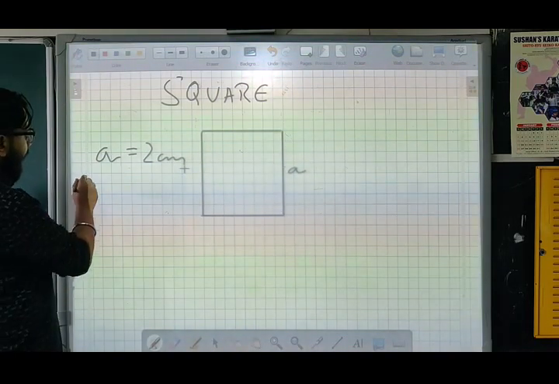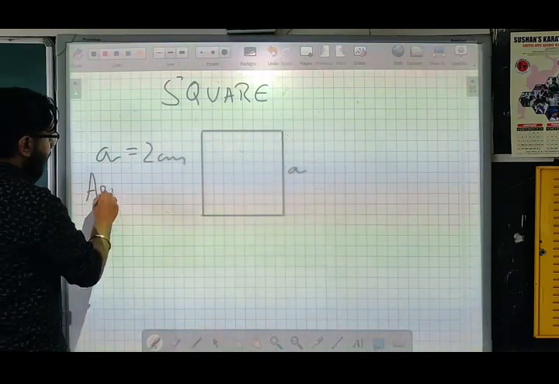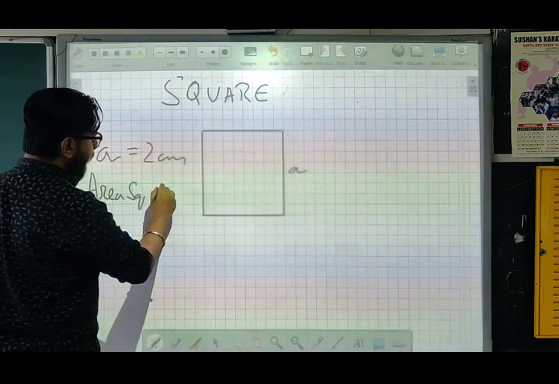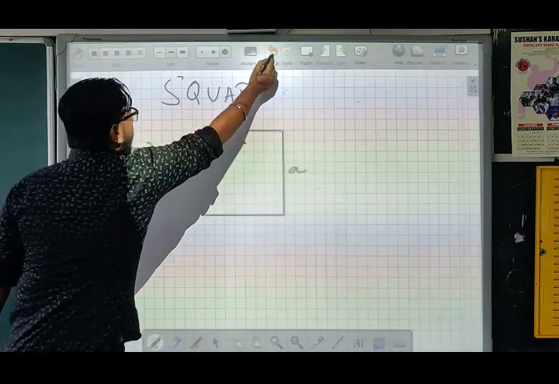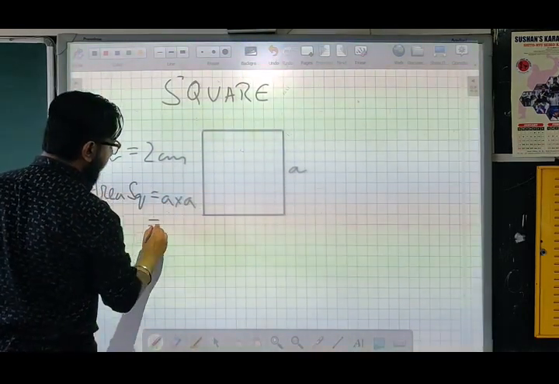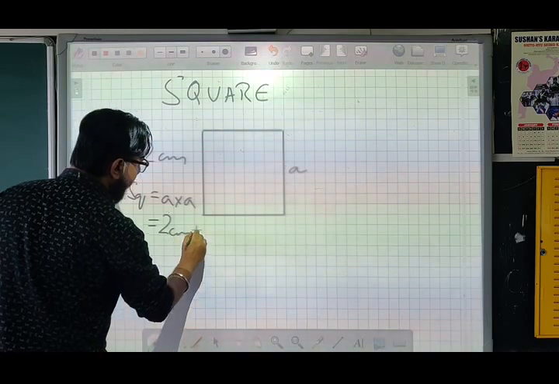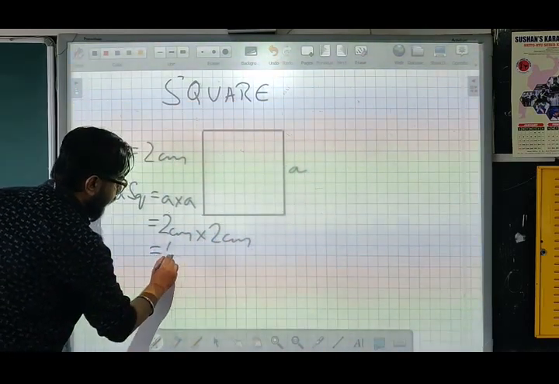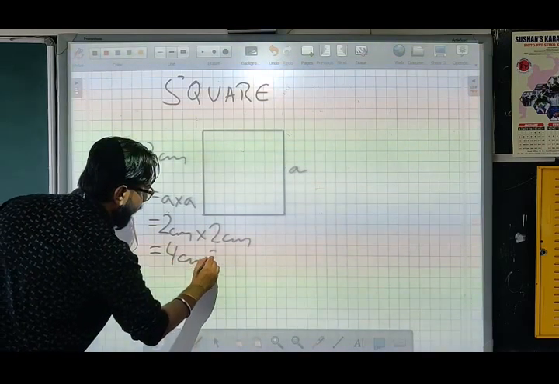When we calculate the area of the square, we do A into A, that is 2 centimeter into 2 centimeter, and we get 4 centimeter square.